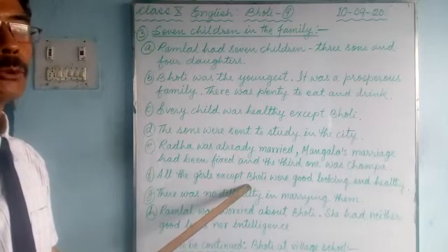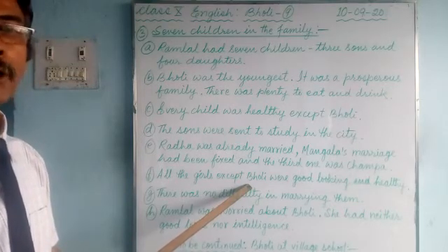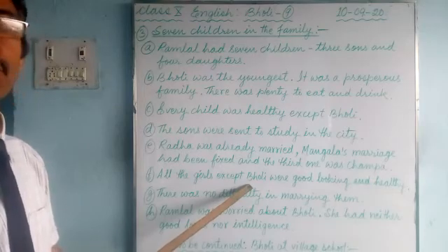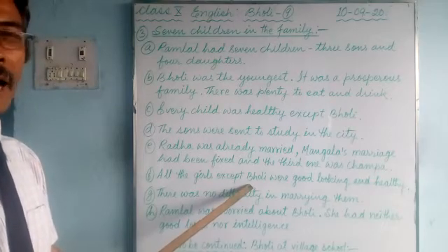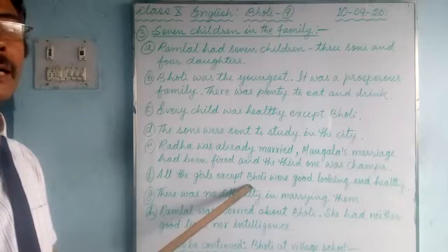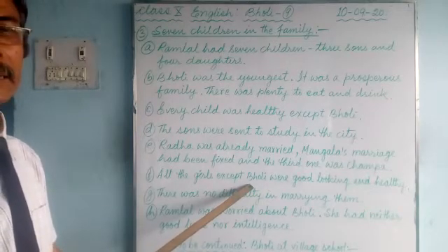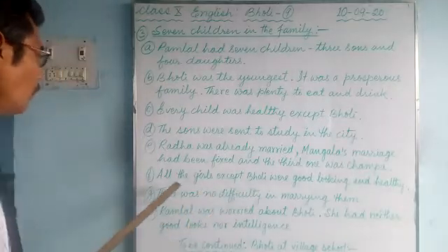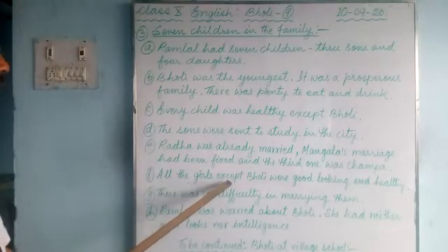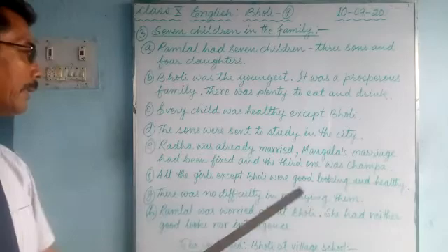But at the age of 2, smallpox attacked her and she had poke marks. Luckily she survived, but she had poke marks all over her body and her body was disfigured except the eyes.